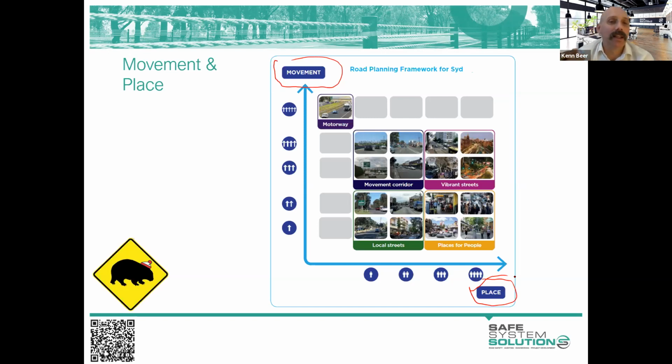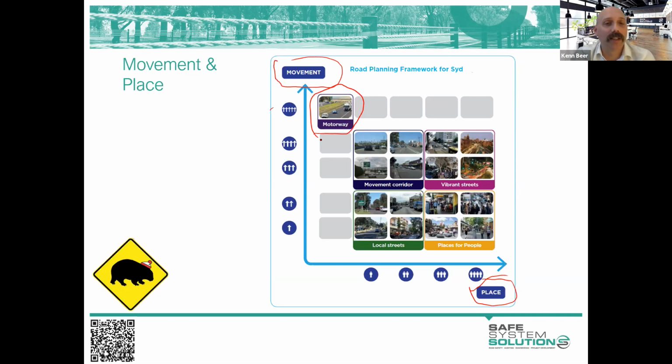But what we then see is that roads with solely a movement function could be something like a motorway, or it could be an absolute dedicated cycleway, for example. That would be a high movement corridor. You're not expecting lots of trade and activity and socializing and the like on a dedicated cycleway.